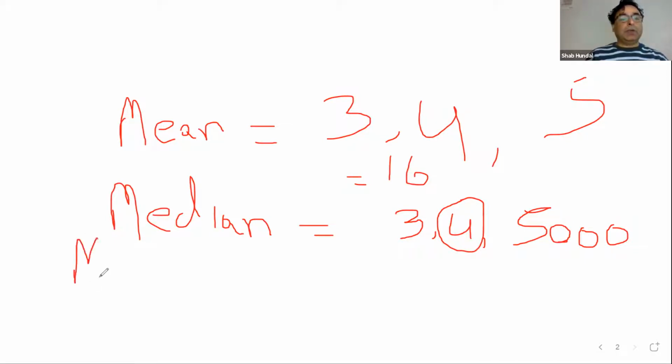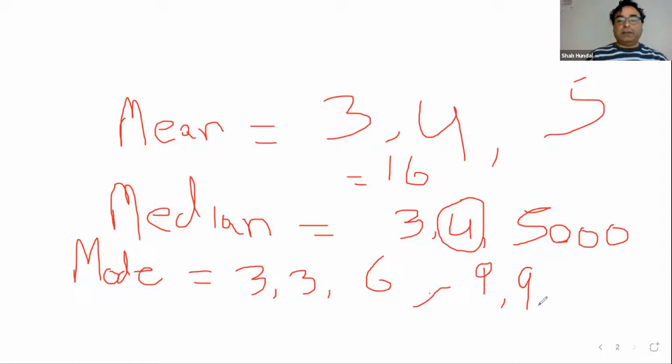The other one is mode. Mode is something which comes more frequently. So imagine that your data includes 3, 3, 6, 9, 9, 3, 12, 6, 6, 6.